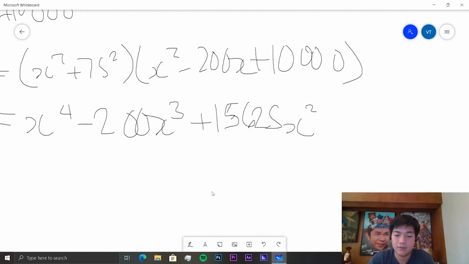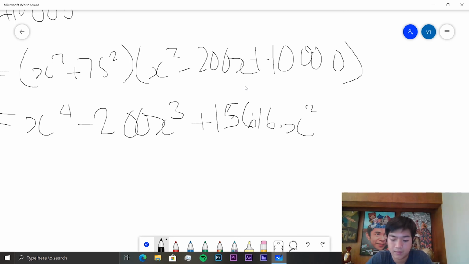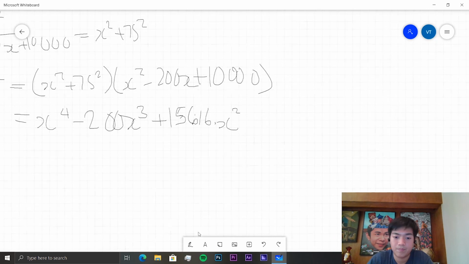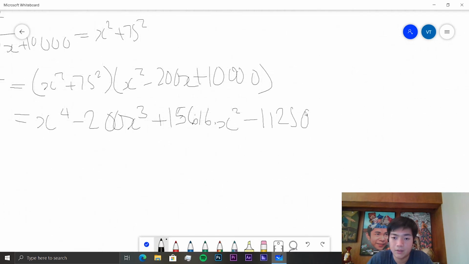So that minus 9 is equal to 15,616 x squared, minus 75 squared times 200, minus 125,000 x to the 3, and so on, plus, oh boy, 75 squared times 10,000, plus a large number.